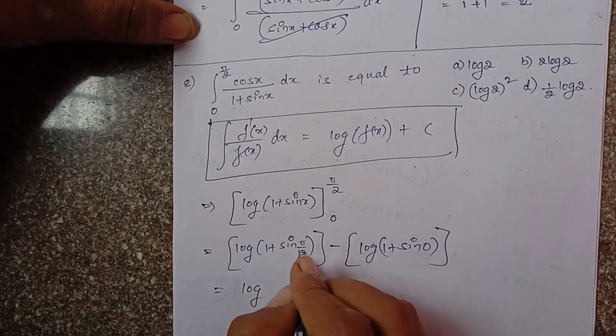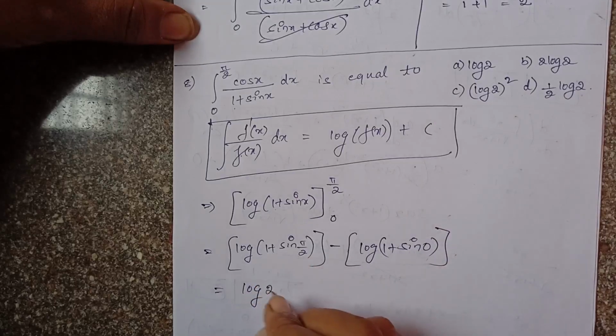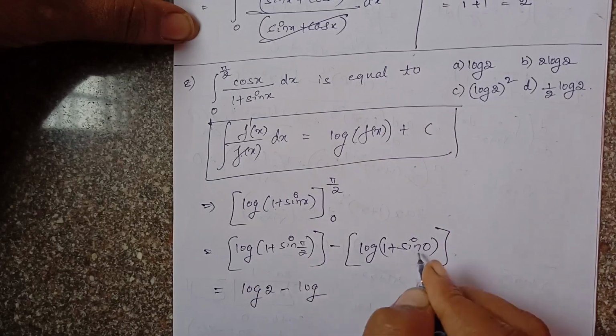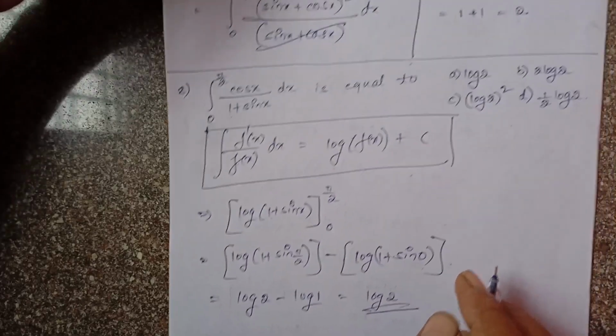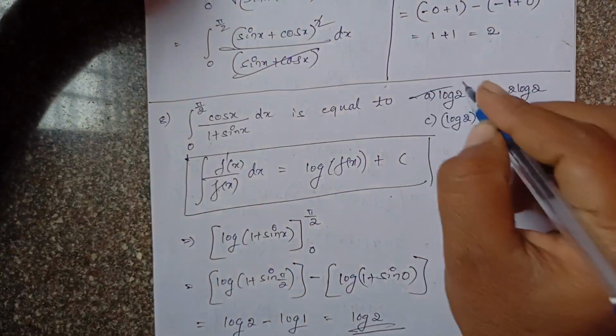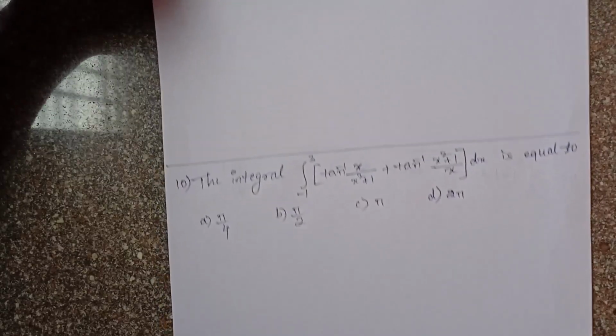Sin pi by 2 is 1, so 1 plus 1 is 2, minus log of 1 plus sin 0, which is log 1. Log 2 minus log 1. Log 1 value is 0. So what is the answer? Log 2 is the answer. Which option here? Option A is correct. This is about question number 8.